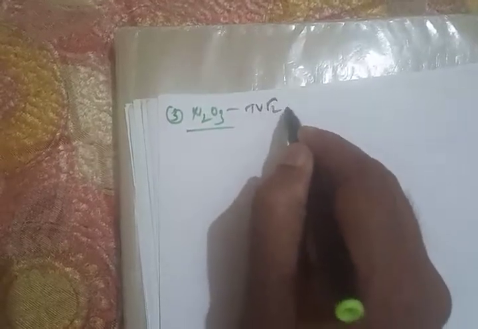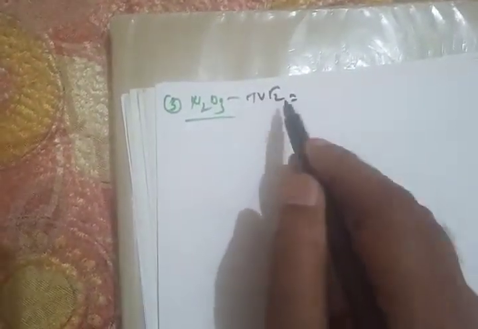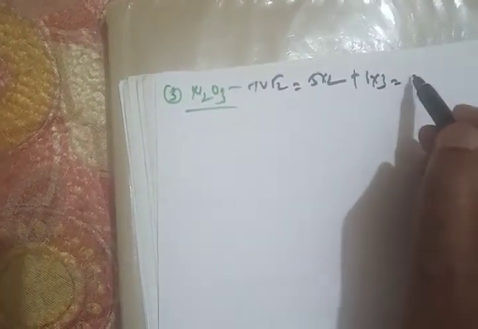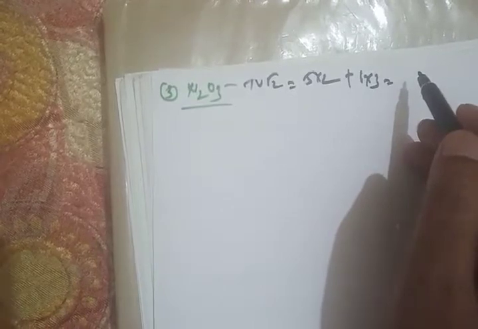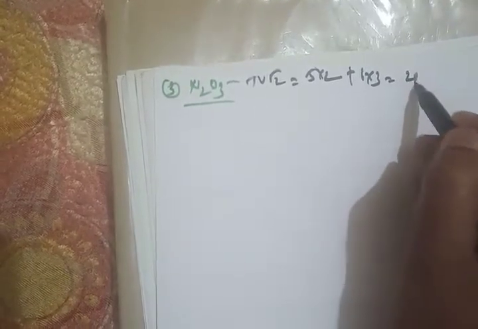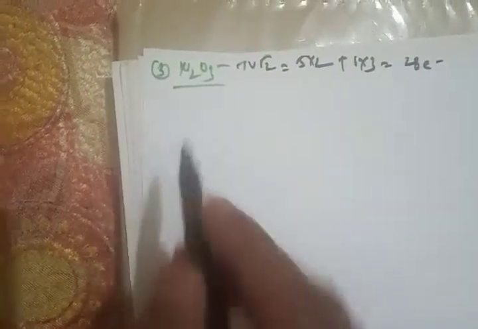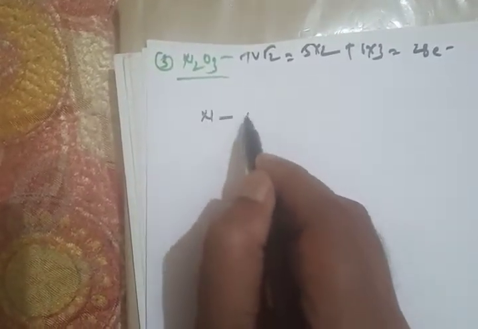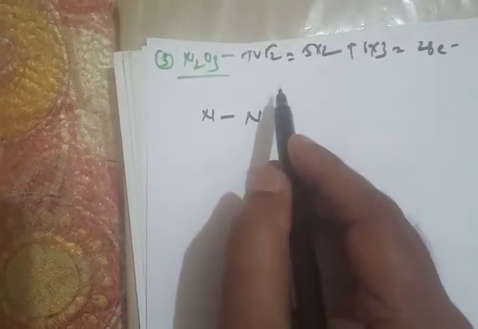So nitrogen trioxide, the total valence electrons: 5 into 2 plus 6 into 3, so this will be 10 and 18, that is 28. Total valence electrons is 28.